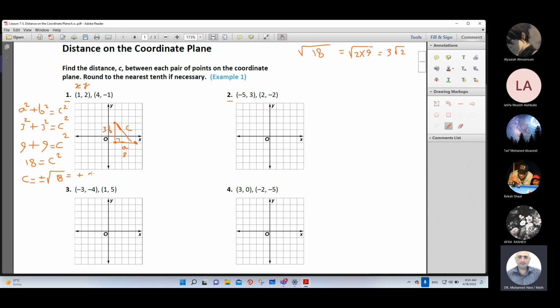So positive 3 square root of 2. And if you want to find the answer exactly, you can use the calculator.